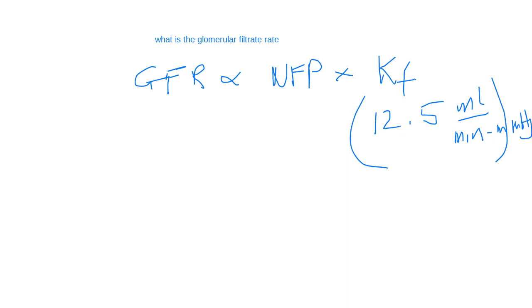For one unit of pressure, it can filter 12.5 milliliters per minute.